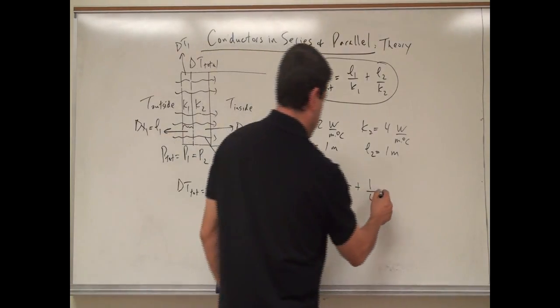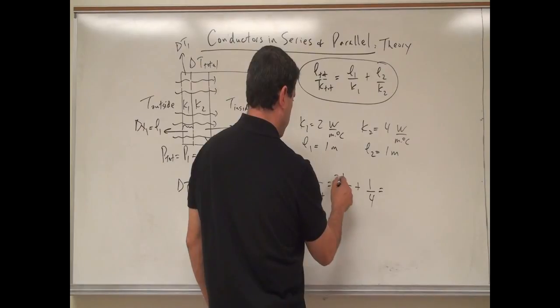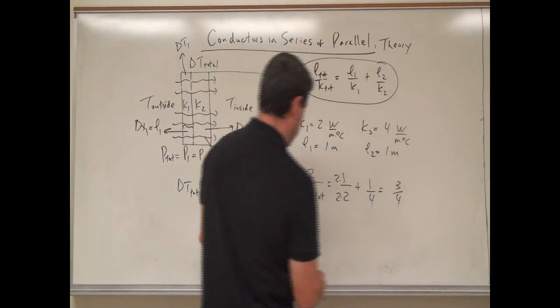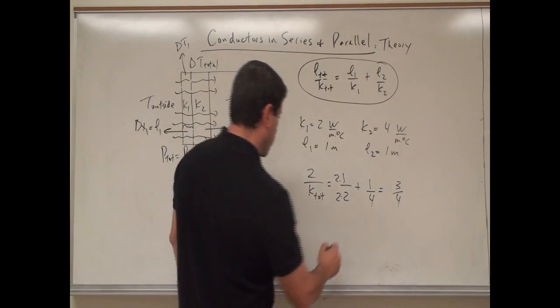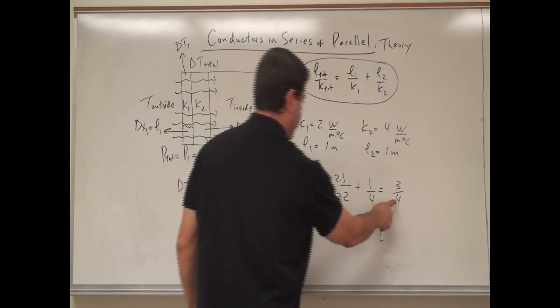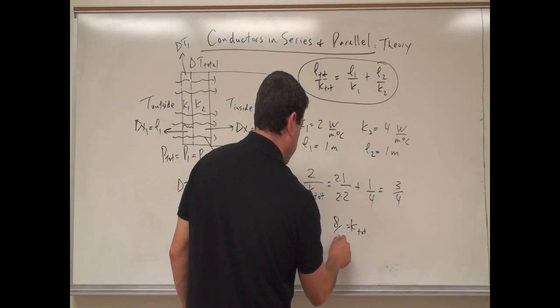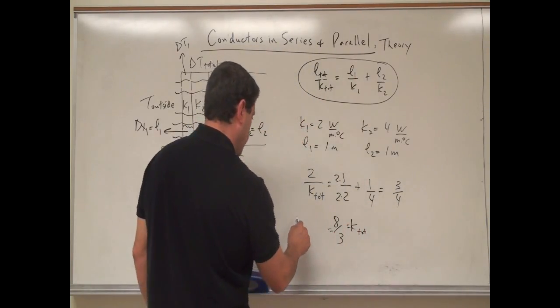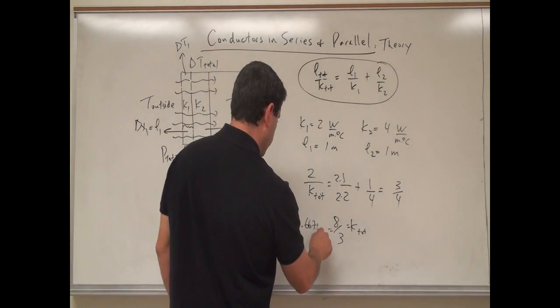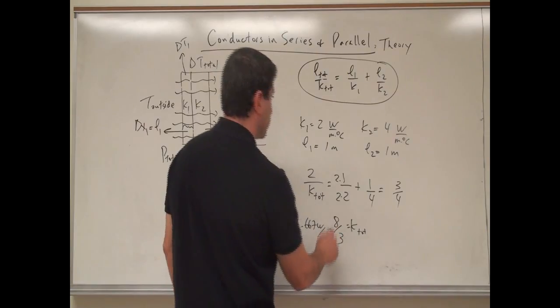Okay, so then what's that going to equal? Then I can multiply this by 2. All right, so then I'm going to get here 3 over 4. Right, and then you can cross multiply: K total is equal to 2 times 4 over 3. That's going to be 8 divided by 3, so that's going to be equal to 2.667 watts per meter Celsius.